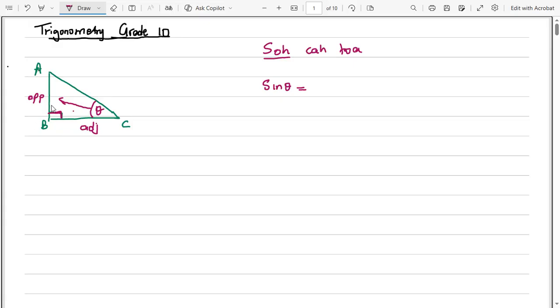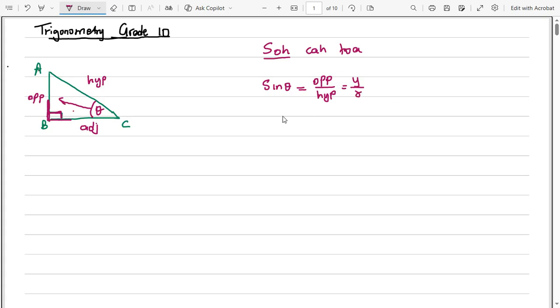Your opposite and your adjacent are the ones that form a 90 degrees. So this will be your hypotenuse. So now, sine is opposite over hypotenuse, which is the same as saying y over r.